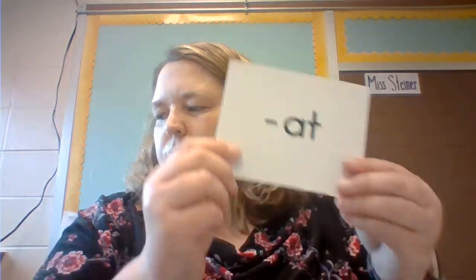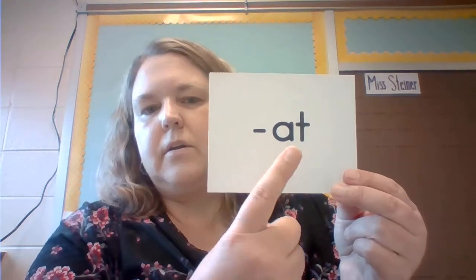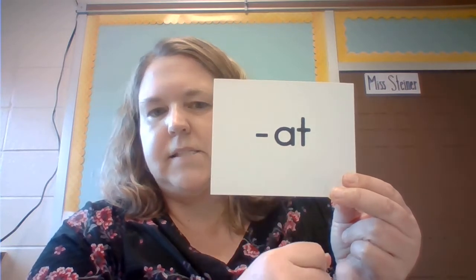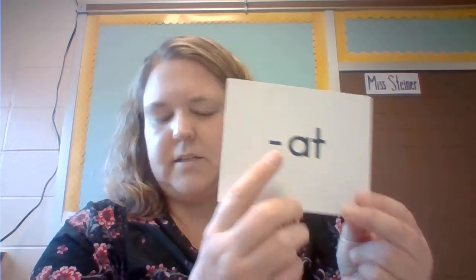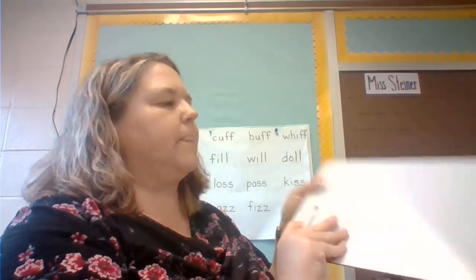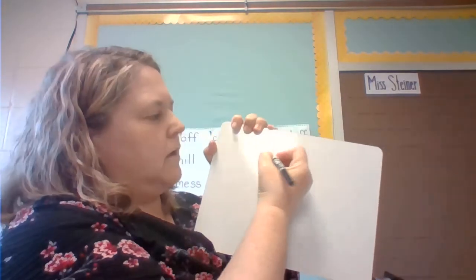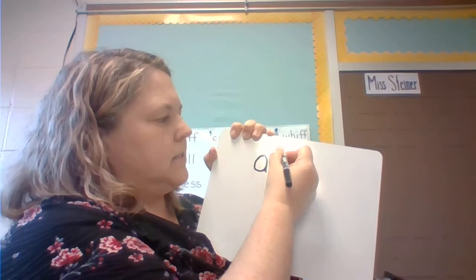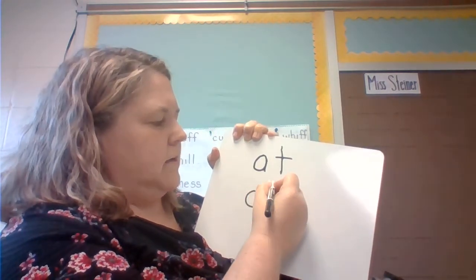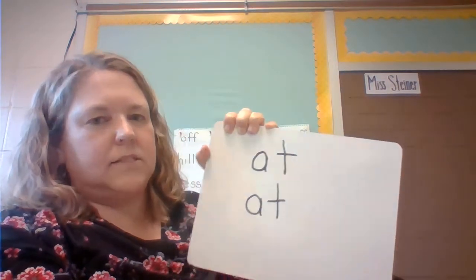So let's review. What's the name of the new card? A-T. What does A-T say? At. So I am going to write at on my board. So say it with me. A-T at. A-T at.